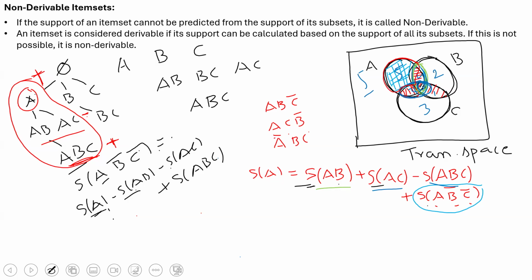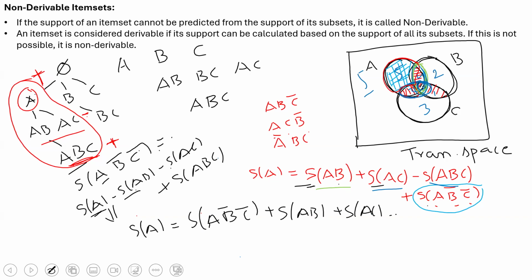If you keep S of A on the right-hand side and move everything to the left-hand side, on the left-hand side you already have A, B bar, C bar plus S of AB plus S of AC minus S of ABC. Both these equations are equal. This is the inclusion-exclusion principle. That's how you can convert the negative terms to positive terms. That is what I'm trying to convey here.